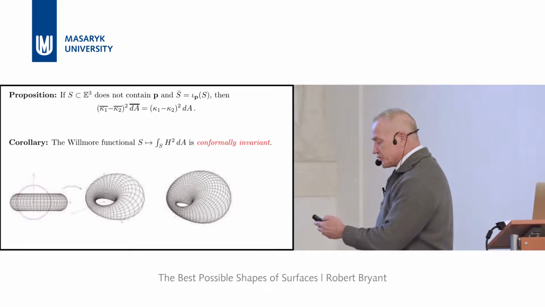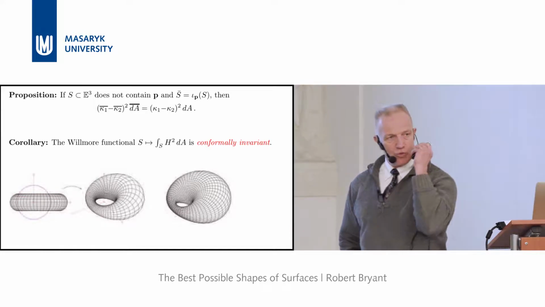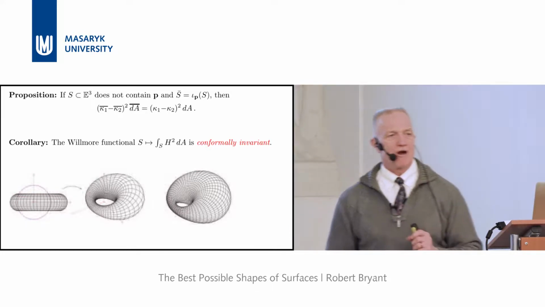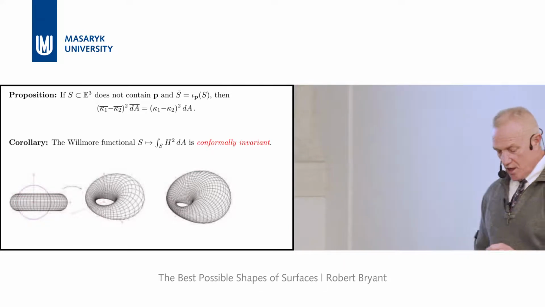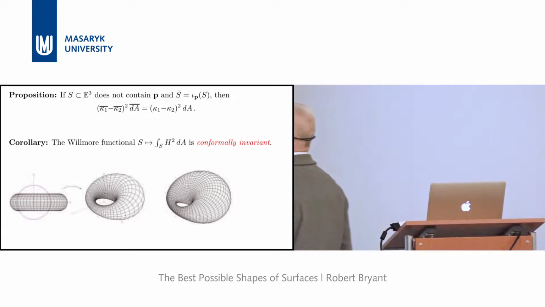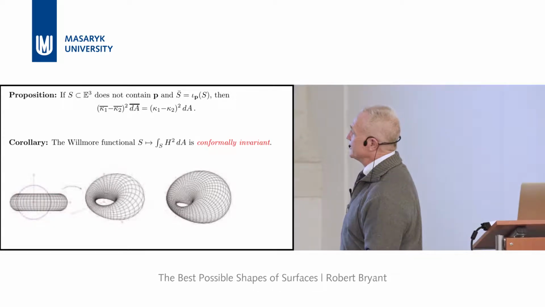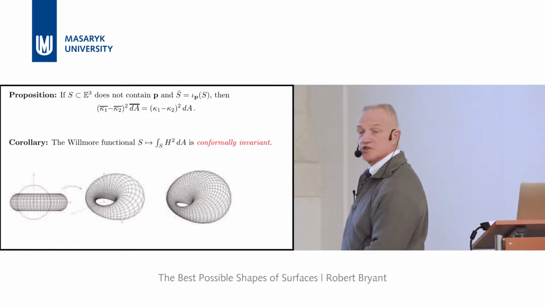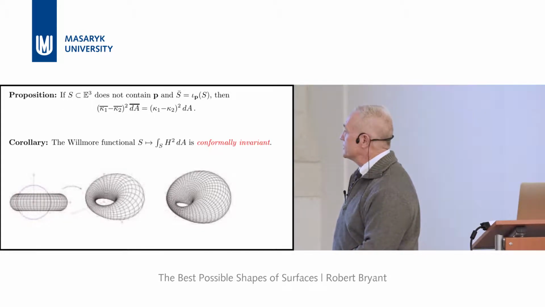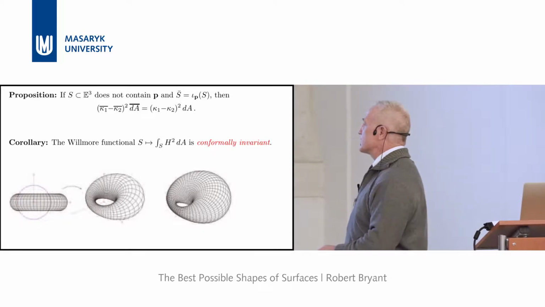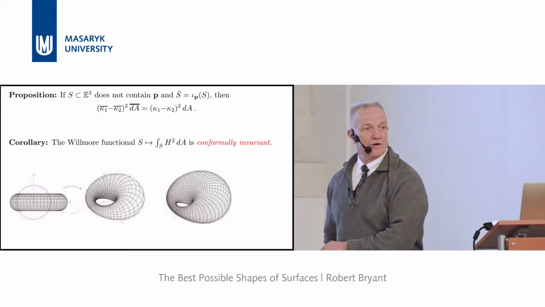Anyway, what you can see, though, is that Willmore's original conjecture can't quite be right. Because if you just take a round anchor ring torus and invert it in some off-center sphere, the resulting thing won't be an anchor ring torus anymore.